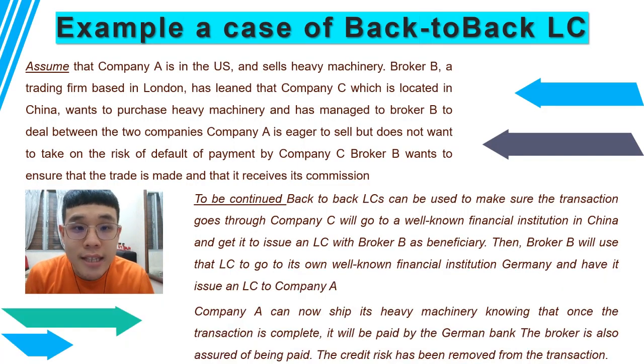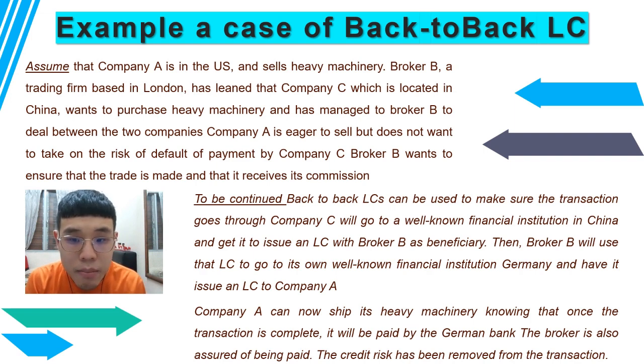So here is an example of a case relating to how a back-to-back letter of credit functions and operates. First, let's assume that there is a company A located in the US and it is a seller selling heavy machinery. And there is a buyer, company C, located in China that wants to purchase the heavy machinery from the US.